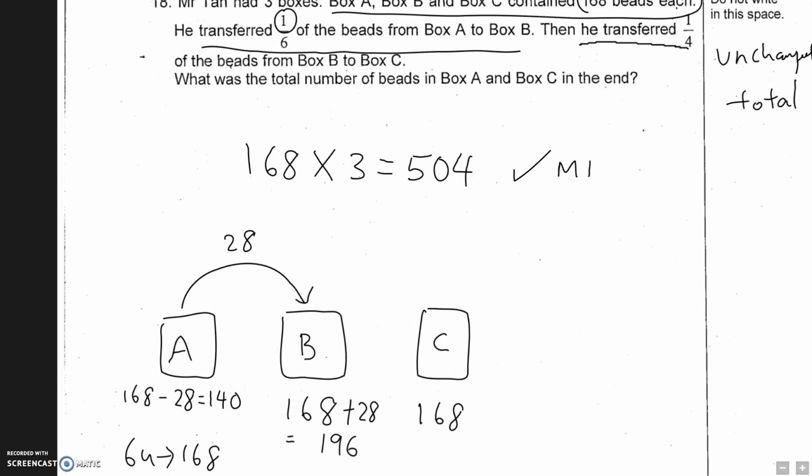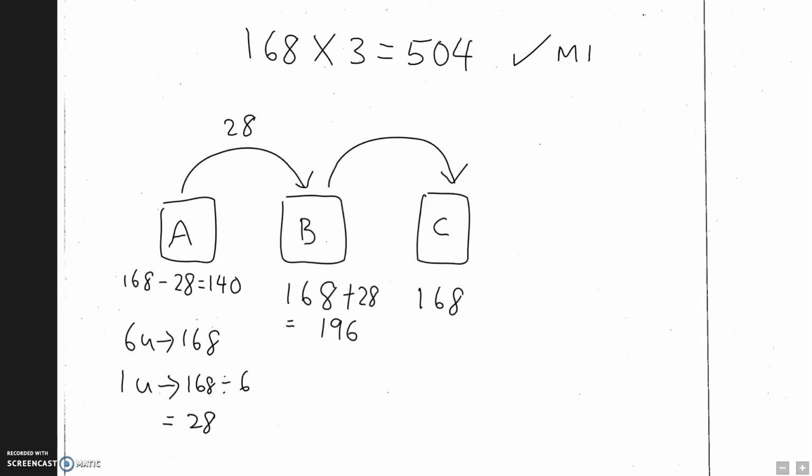He transferred 1/4 of the bits from B to C. So some of the bits are going to C already. And the total units was 4 according to the story. And he's going to transfer only 1/4 out, which is 196 divided by 4, just 1 unit of it, which would give you 49.